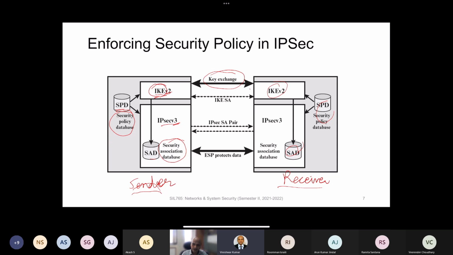Therefore we utilize one symmetric key, let's say K1, for encrypting and authenticating packets going from the sender to the receiver, and another symmetric key for packets coming back from the receiver to the sender. So two symmetric keys are utilized in two directions.